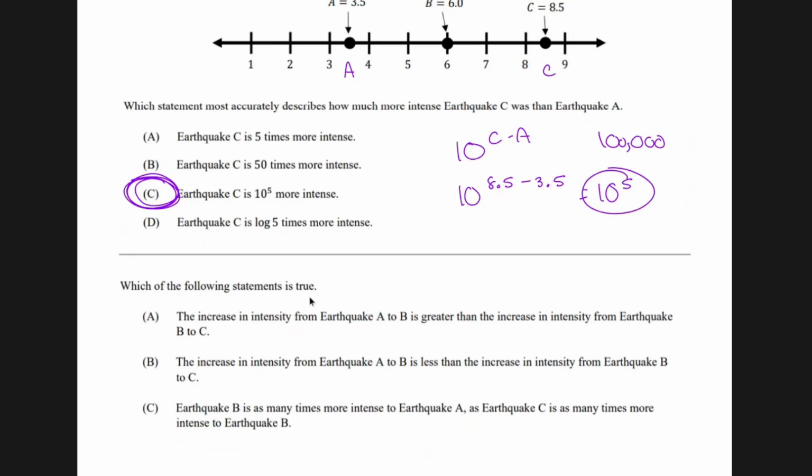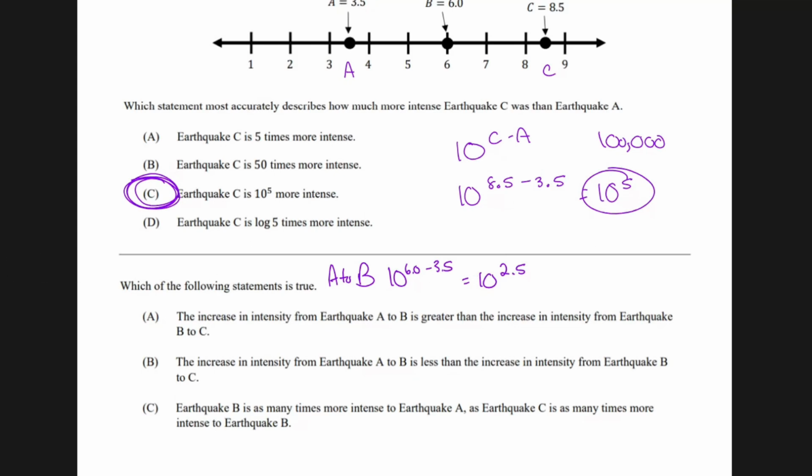Which of the following statements is true? The intensity from earthquake A to B is greater than the intensity from earthquake B to C. So they want us to compare A to B to B to C. So let's do A to B. A to B is going to be 10 to the 6.0 minus 3.5, which equals 10 to the 2.5.